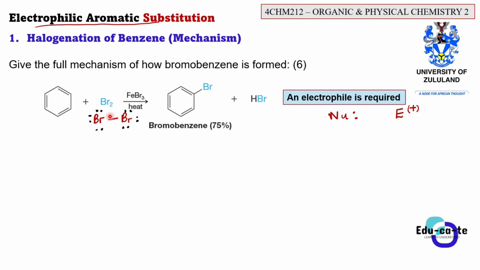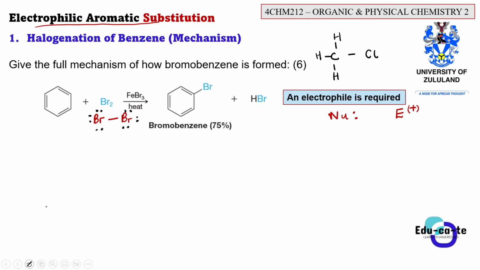We only have an electrophile when one atom is pulling greater than the other one. If we take, for example, let's just say this is CH3, this is hydrogen, hydrogen, hydrogen. I want to give you an example, and I bond these to Cl.